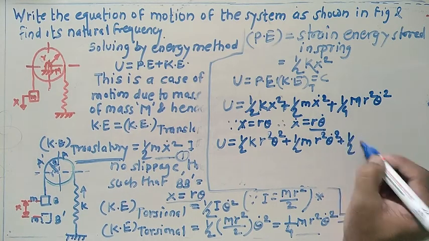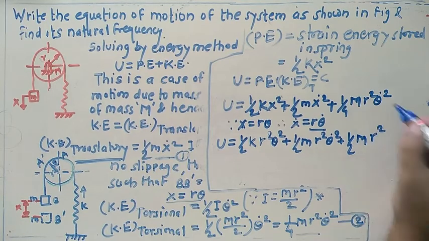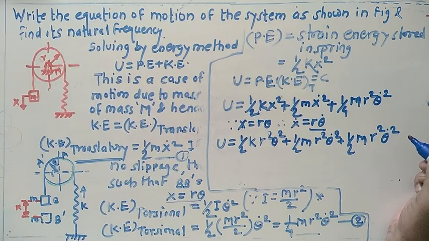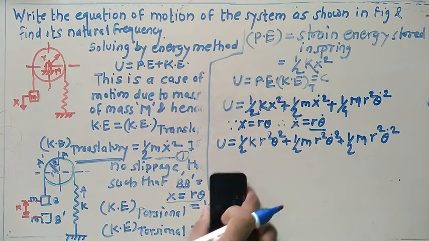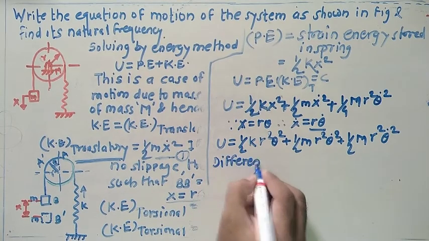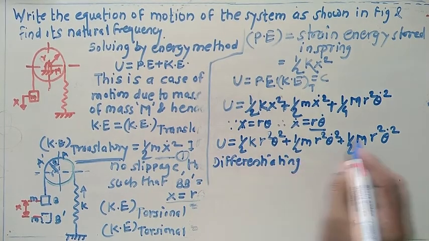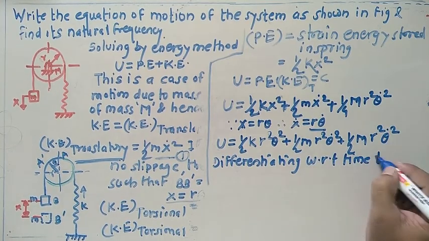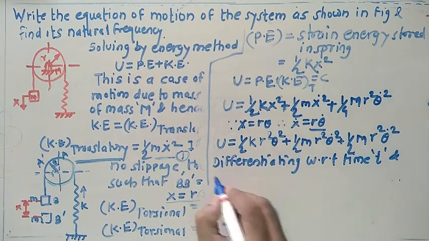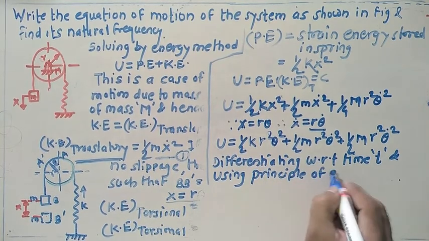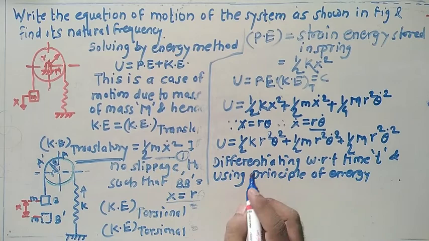Next one, 1/2 capital M into r square, theta single dot square. Now we can easily differentiate this equation with respect to time t, using the principle of energy.